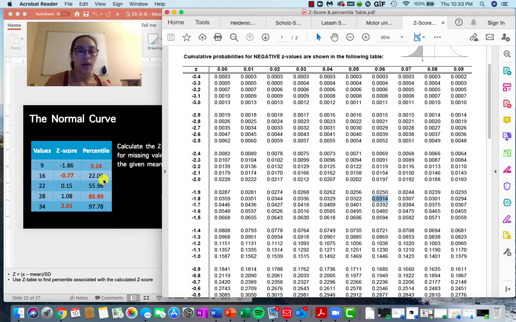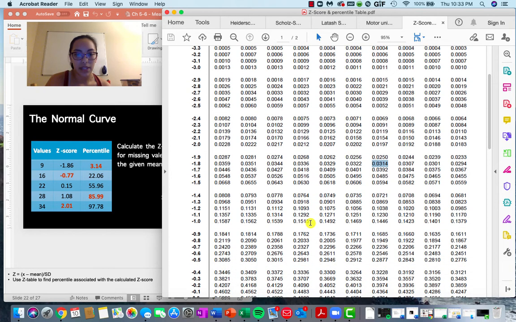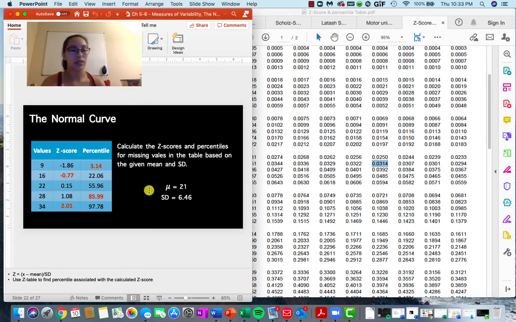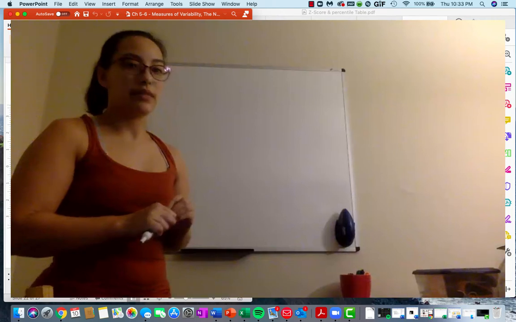Granted, you could look throughout the table until you found 0.2206, or we can work with our calculation, which is our raw score minus the mean, divided by the standard deviation.